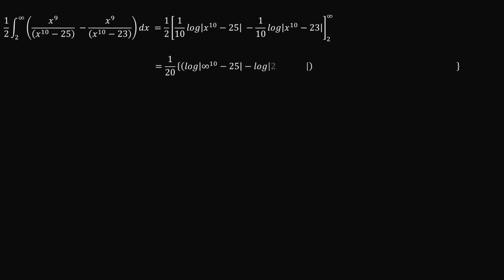So multiplying half by 1 over 10, we have 1 over 20, and then substituting in for the limits, you have log of the absolute value of infinity to the power 10 minus 25, minus log of the absolute value of 2 to the power 10 minus 25, minus log of the absolute value of infinity to the power 10 minus 23, minus log of the absolute value of 2 to the power 10 minus 23.